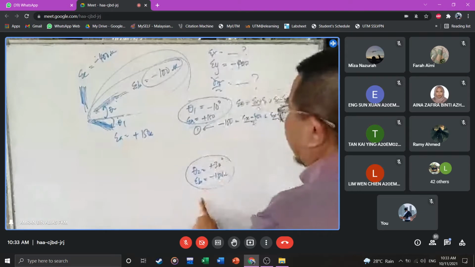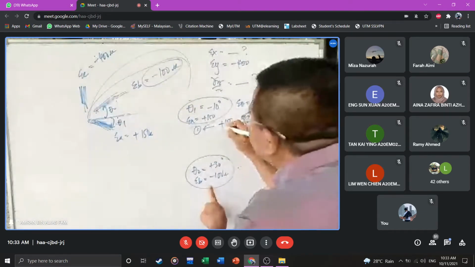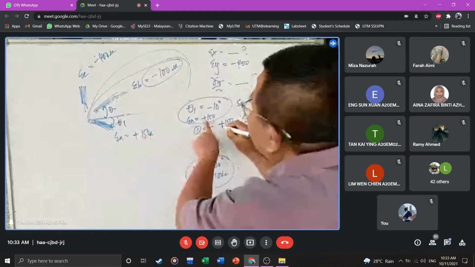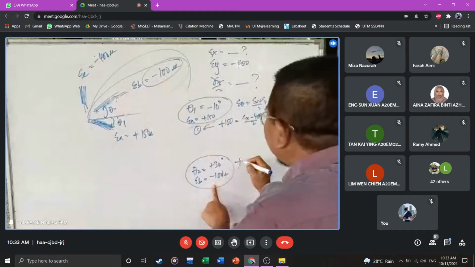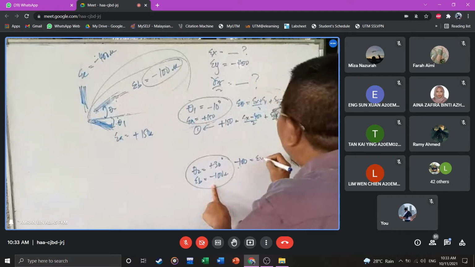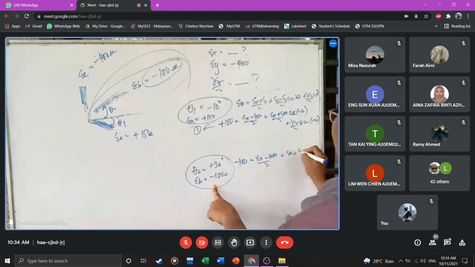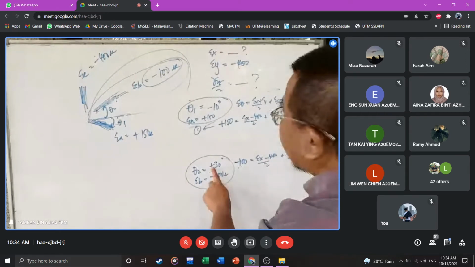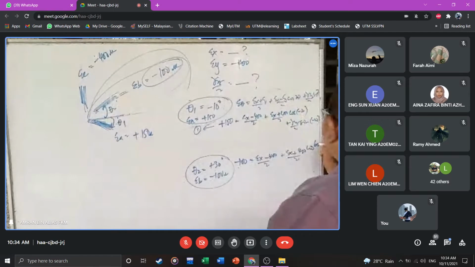The other one is this. What do I write here? This is positive 150. That is minus 100. So minus 100 is equal to Ex minus 400 divided by 2 plus Ex plus 400 divided by 2 cos, be careful, this angle is 30. 2 times 30, 60.